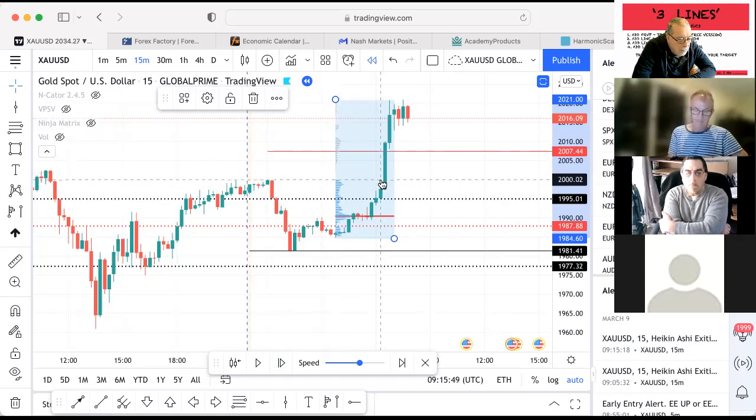So by coincidence, from the top of this wick here to the bottom of that wick there was very little volume. So that is what Paul would call imbalance.